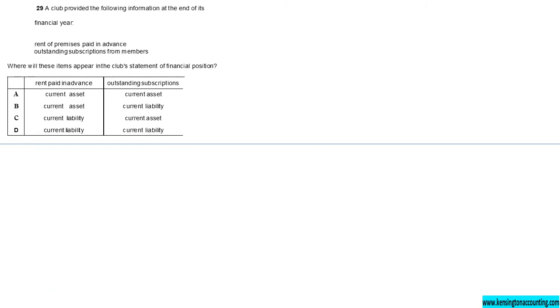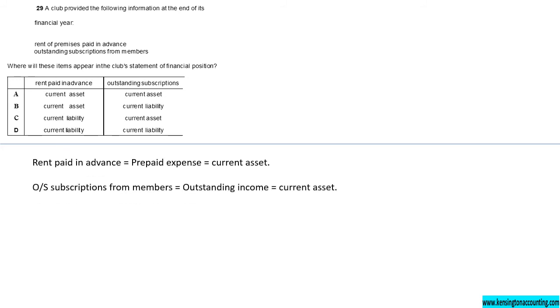Question 29. A club provided the following info at the end of its financial year: rent of premises paid in advance and outstanding subscription from members. Now, rent paid in advance is also known as prepaid expense, and it is therefore a current asset. That's very straightforward, that's very basic.